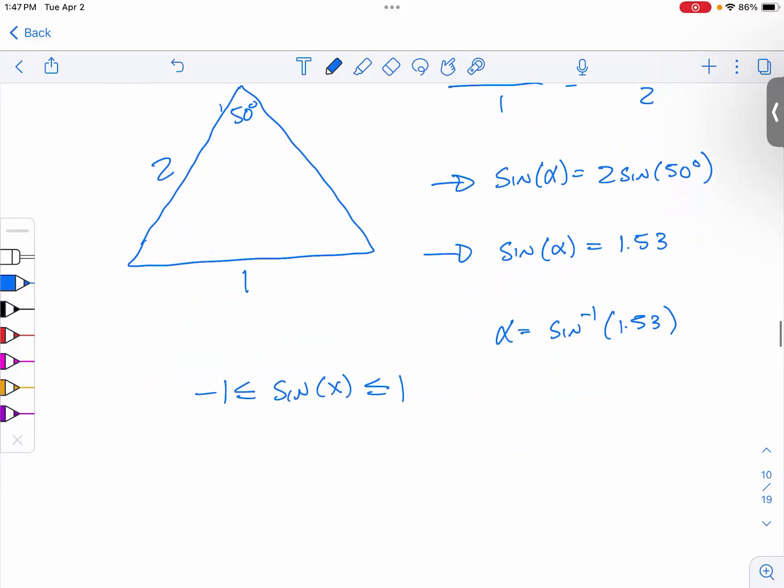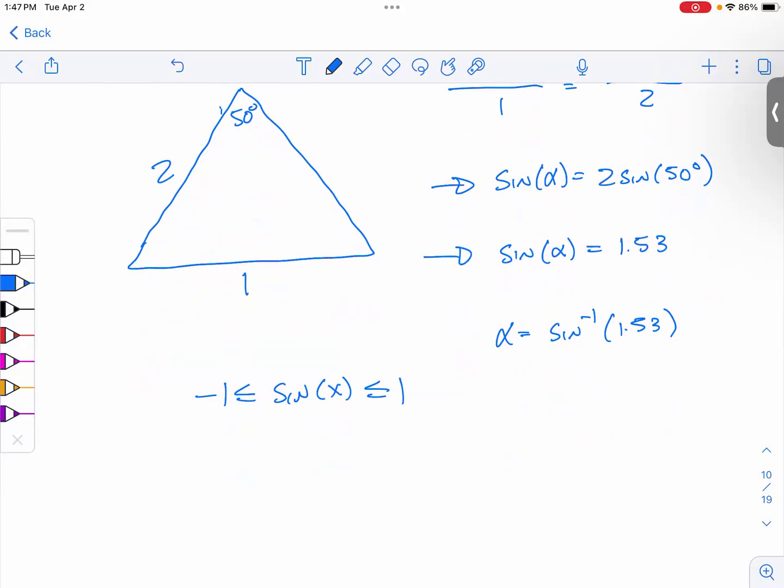And what this actually means, max value. Just further emphasizing, the max value of sine cannot be over 1, which means that I know this didn't work. AKA, this is not a triangle.